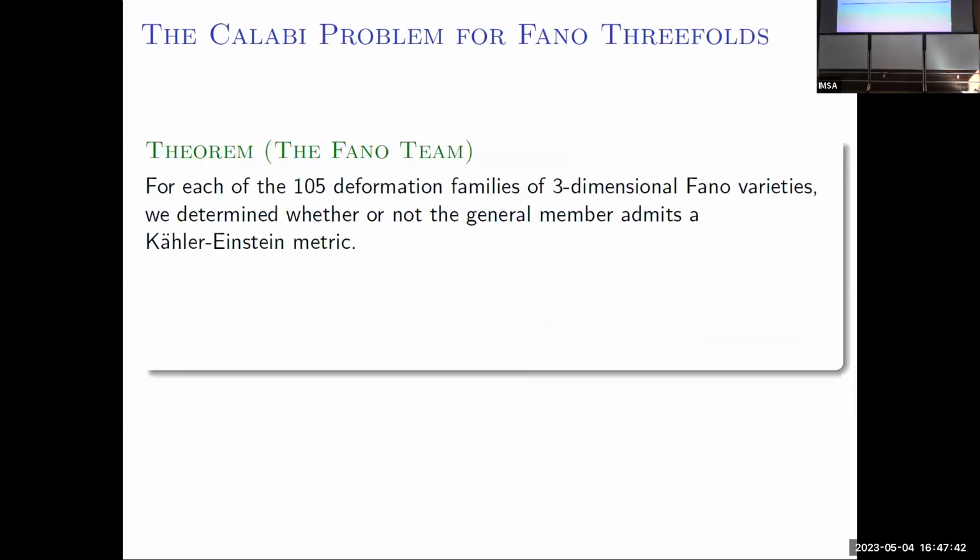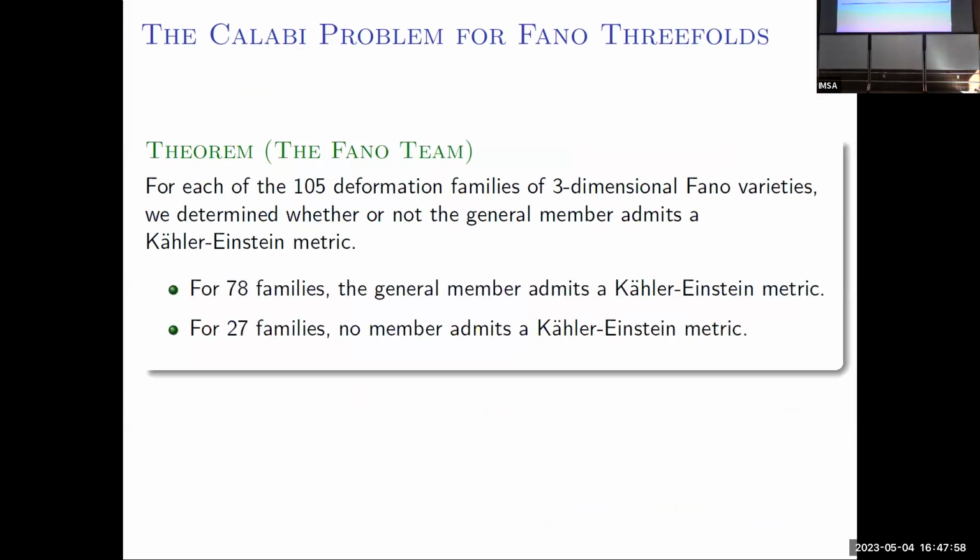Basically what we proved is that for each of the 105 deformation families of three-dimensional Fano varieties, we determine whether or not the general member of the family admits a Kähler-Einstein metric. And this is what we found. For 78 of the families, the general member admits a Kähler-Einstein metric, while for 27 of the families, no member admits one.